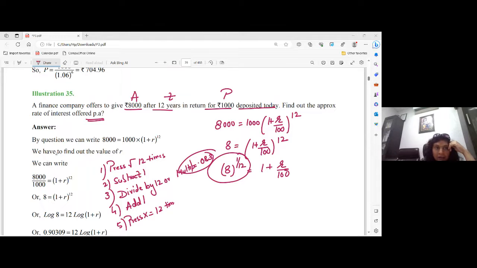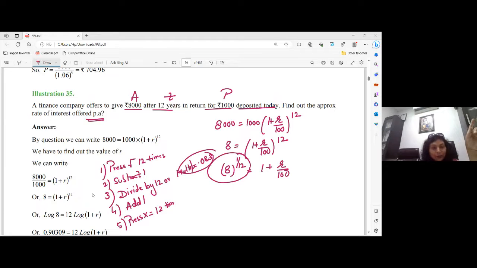Now say 8, press square root 12 times: 1, 2, 3, 4, 5, 6, 7, 8, 9, 10, 11, 12. Minus 1, then divided by 12, then plus 1, then multiply-equal 12 times: 1, 2, 3, 4, 5, 6, 7, 8, 9, 10, 11, 12.